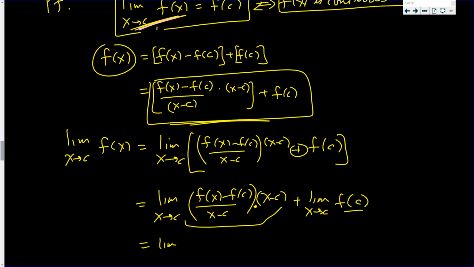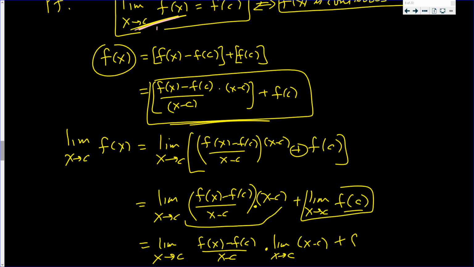This is equal to the limit as x goes to c of f of x minus f of c over x minus c, times the limit as x goes to c of x minus c, plus this limit, which is just f of c.